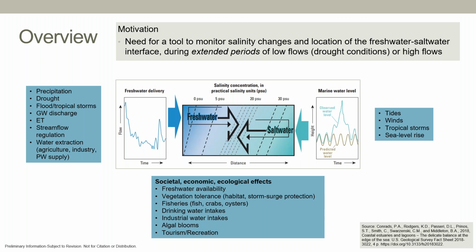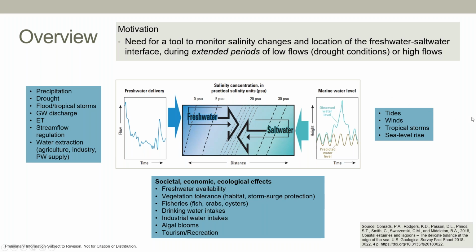These dynamics are complex and are affected by the interaction between upstream climate and hydrologic conditions and factors that contribute to fluctuating coastal marine water levels. Upstream conditions include precipitation, drought, tropical storms, stream flow regulation. Of course, marine water levels are affected by tides, winds, tropical storms, and sea level rise.